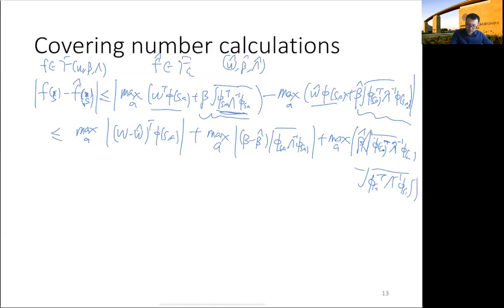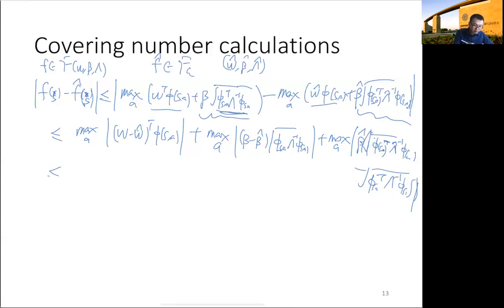So these two are grouped together. What I'm doing is decomposing them into three terms, and in each term only one of the parameters is different and all the other parameters are the same.